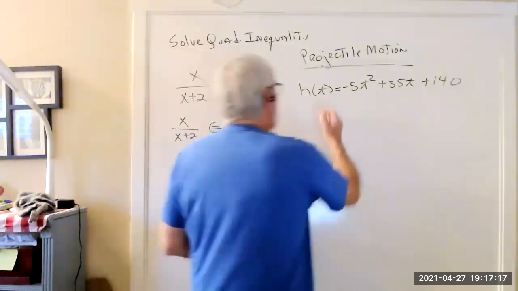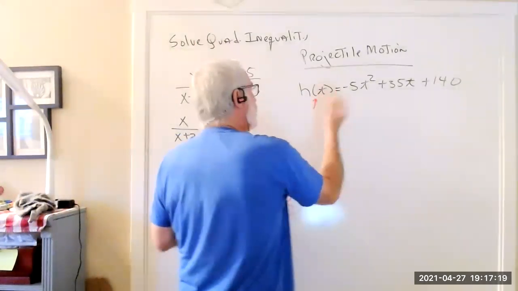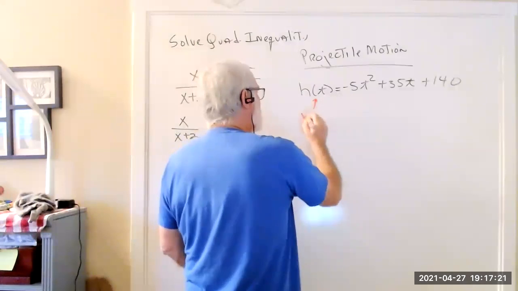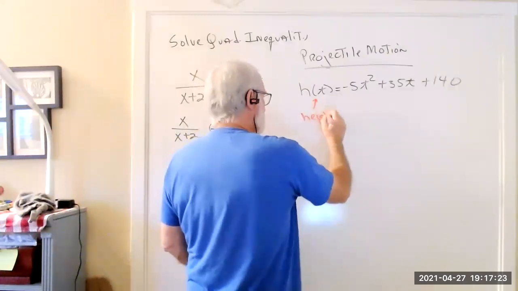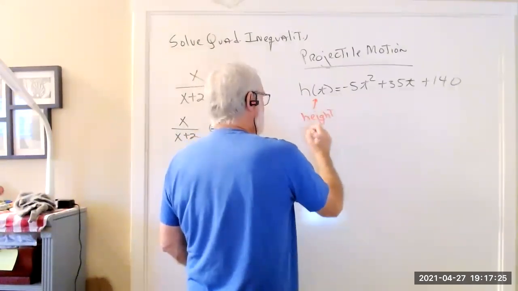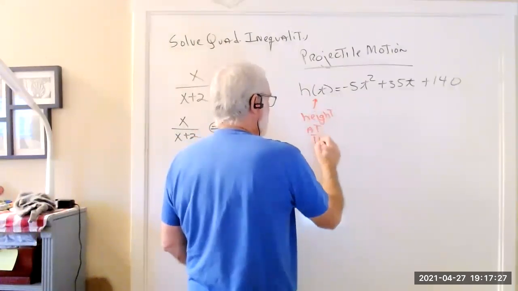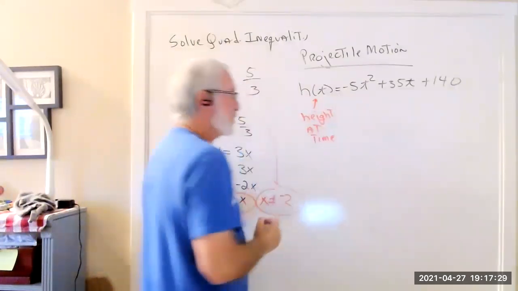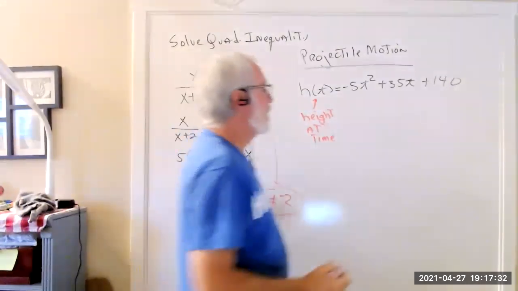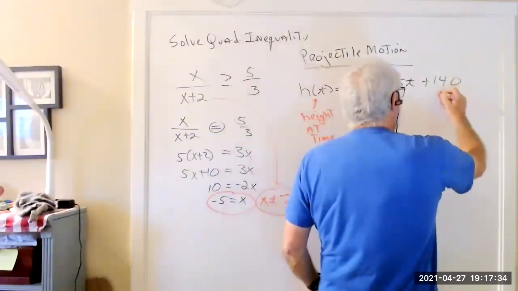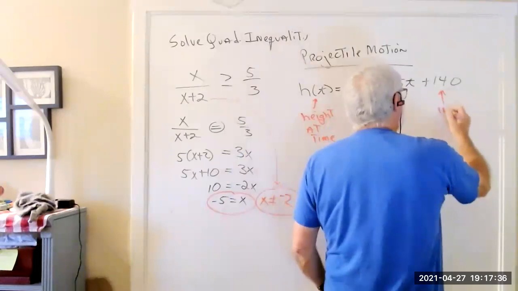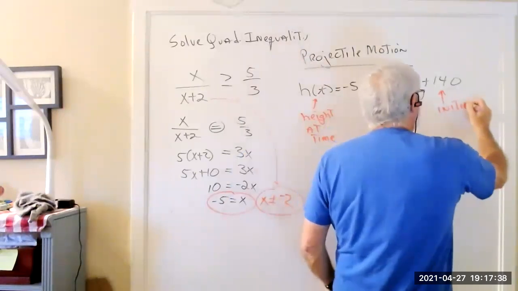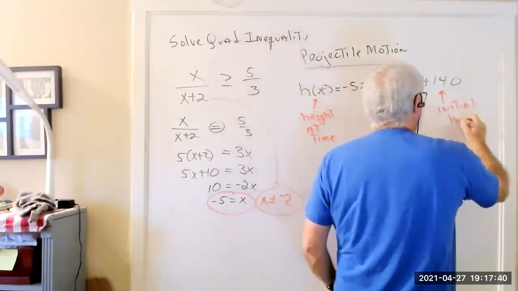H of t is the height at a certain time. How high is it at a certain time? The 140 is the initial height.